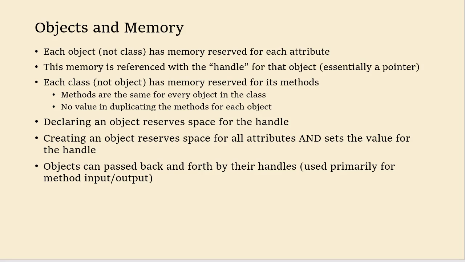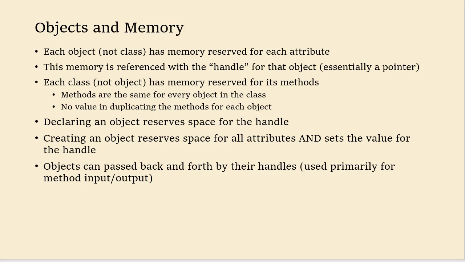When you declare an object, all it does is reserve the space for the handle. It tells the Java Virtual Machine, somewhere in memory, reserve a space for the handle for the object, because someday I'm going to create an object. Once you create the object, then the Java Virtual Machine will reserve space for all the attributes, and it also sets the value for the handle.